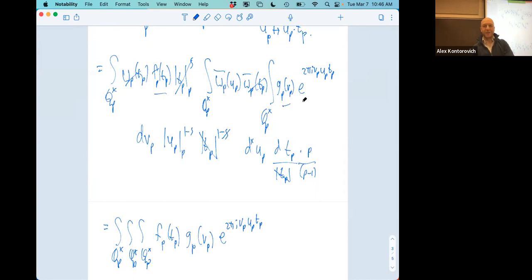There's this u. There's a u_p to the 1 minus s. Nothing I can do about that. There's this constant p over p minus 1. I've got that. I just need the character ω_p of u_p bar. And that's everybody. And now comes d cross u_p, dv_p, dt_p.